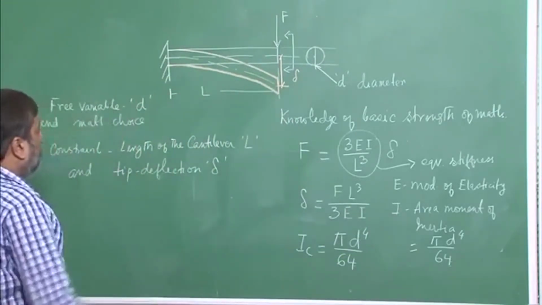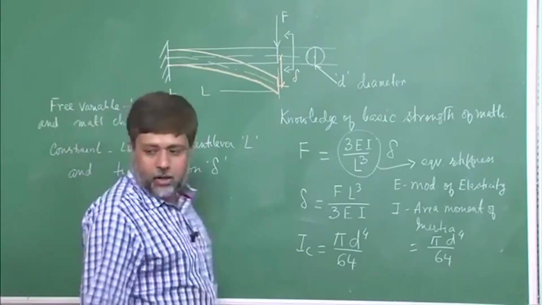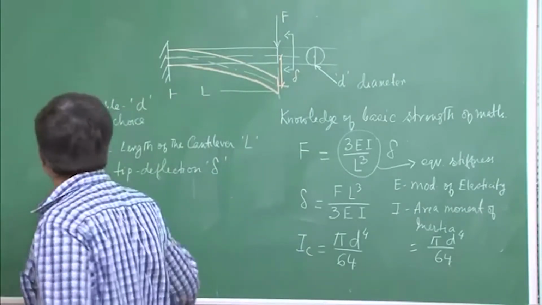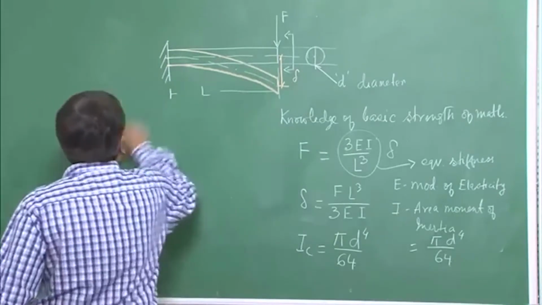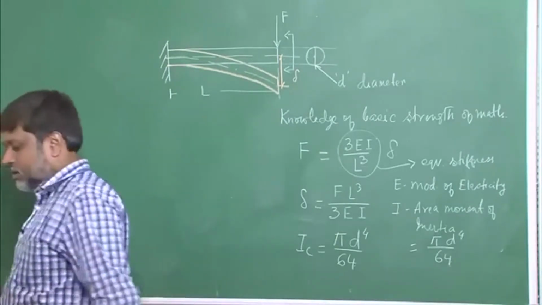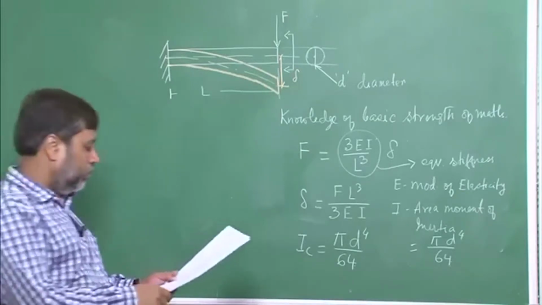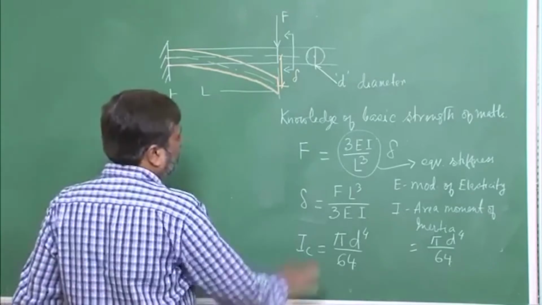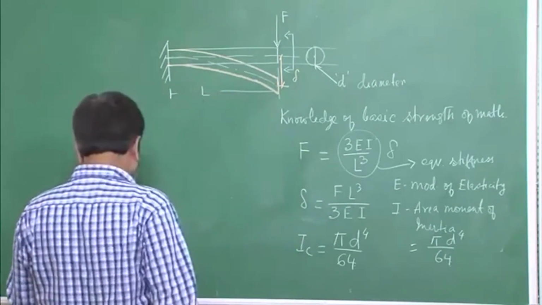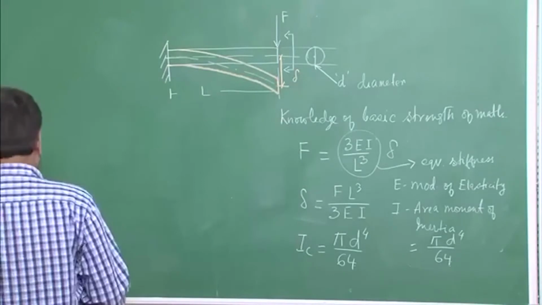Now, let us use all these facts together and carry out the analysis further to find out something called the material index or the performance index. We already know that delta equals F L cube by 3EI.